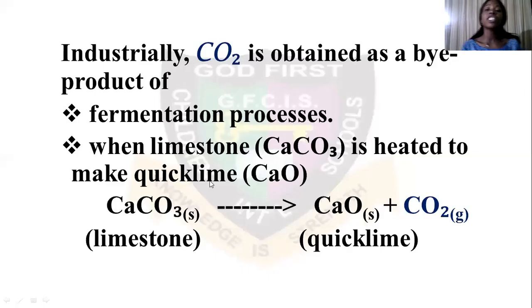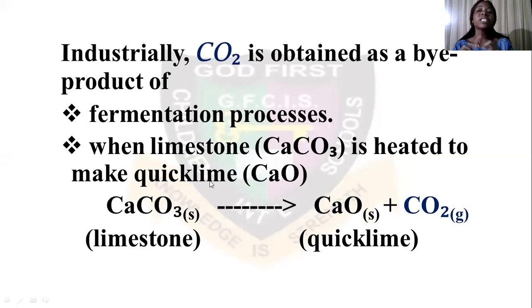Now let's look at industrially. Carbon 4 oxide is obtained as a byproduct of fermentation. Fermentation is a biochemical reaction in which food substances decompose. For example, locally where they make pap, that is locally called ogi, when ogi is being processed, if you go to the place they process it, they will ferment corn, that's maize.